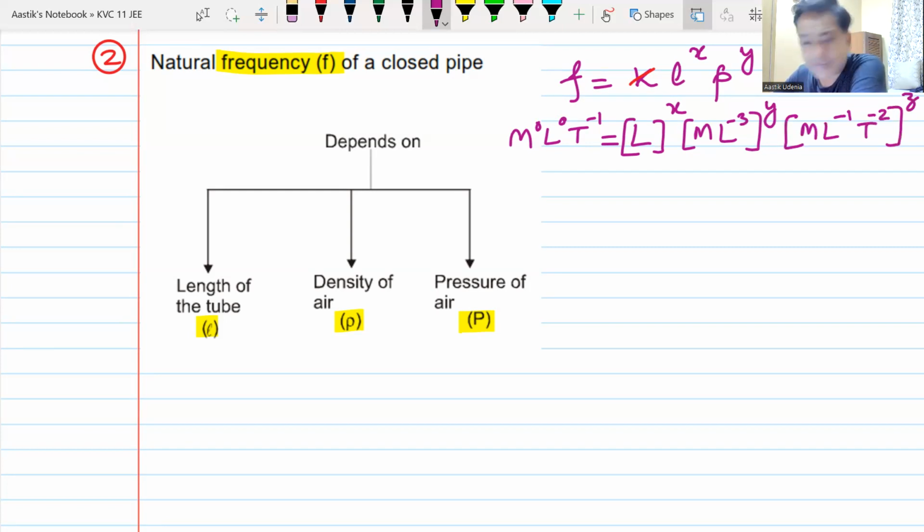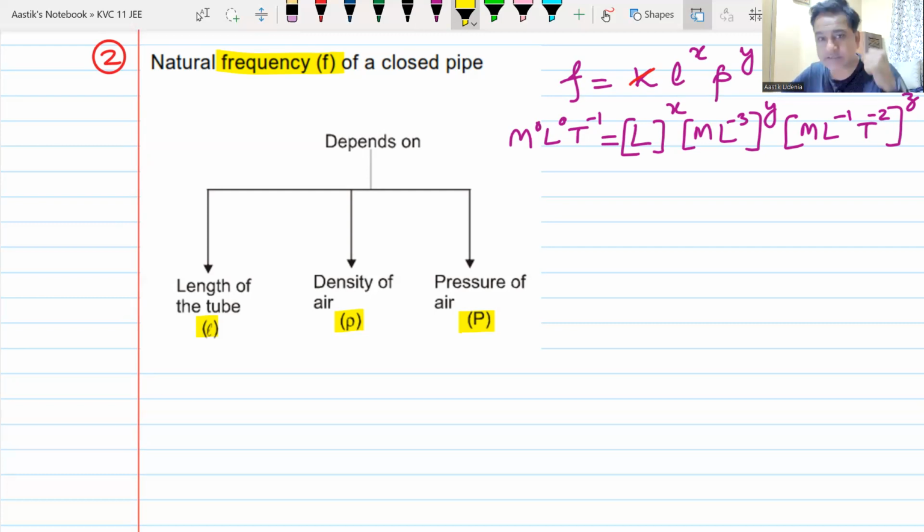And physics finishes here. Rest is all maths. Now you can equate. Now remember, beta, I always keep on telling you, JEE is about speed.